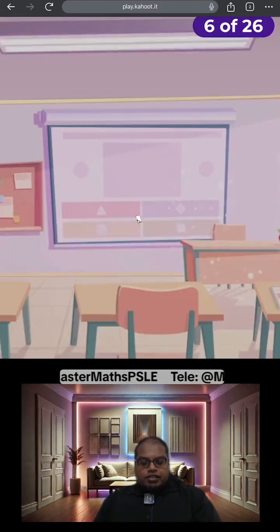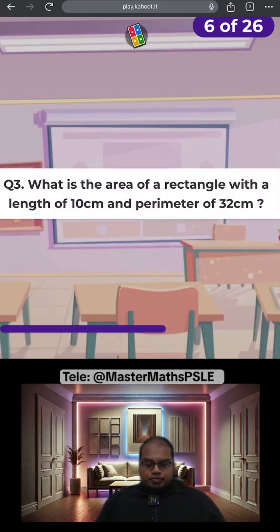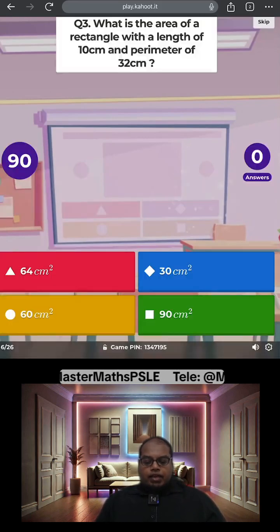Now let's see question 3. What is the area of a rectangle with a length of 10 cm and perimeter of 32 cm?